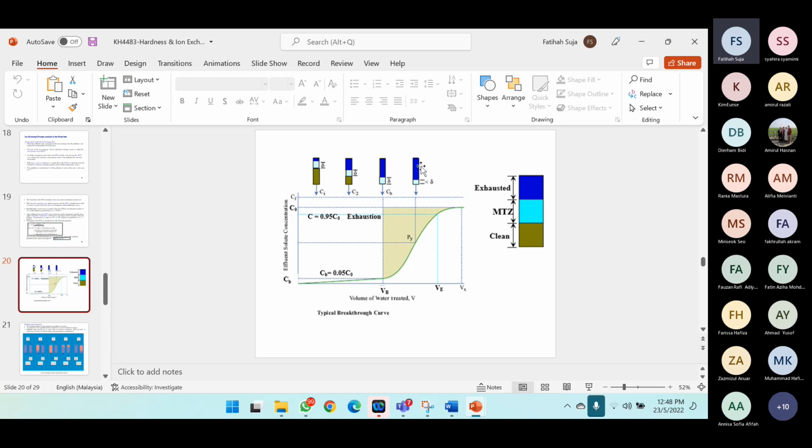This figure represents the time when the column is exhausted. This is exhausted, the blue one. This is the mass transfer zone, and this is the clean zone. So we will have this breakthrough when we start to see 5% of your hardness in the treated effluent, and we must stop our operation by that time.